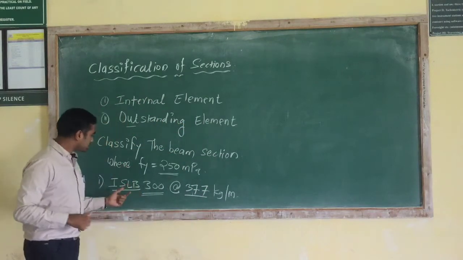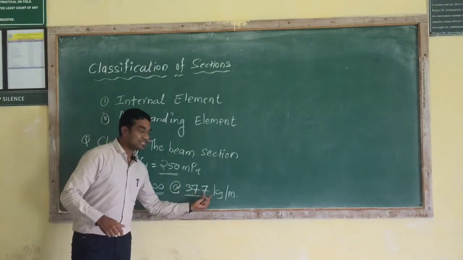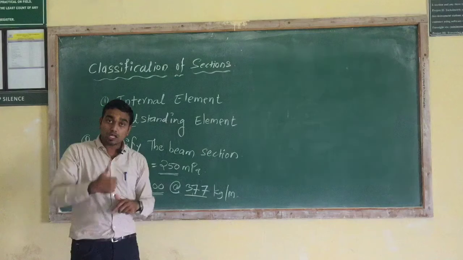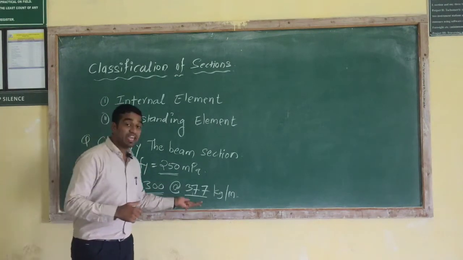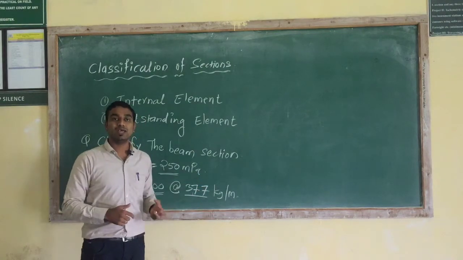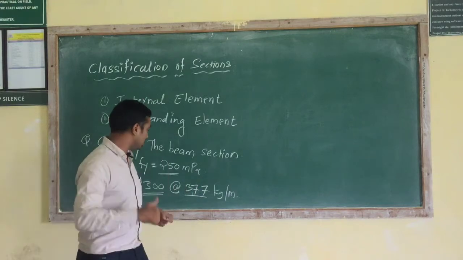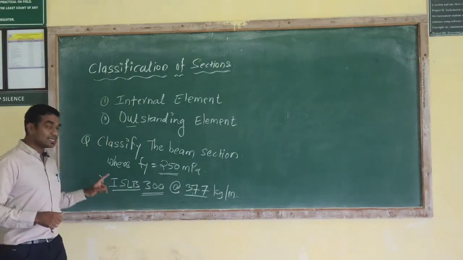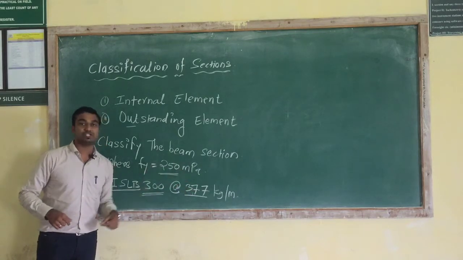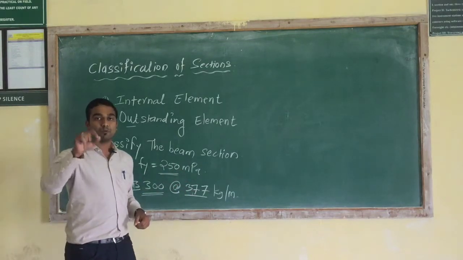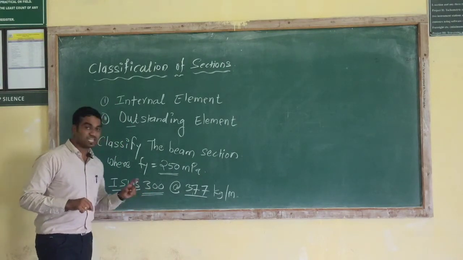Maybe the same I section ISLB 300 is available in 37.7 kg per meter, and also in heavier or lighter weights than this. So here the section is given as ISLB 300 at 37.7 kg per meter, which means we have to take the properties of this section only.